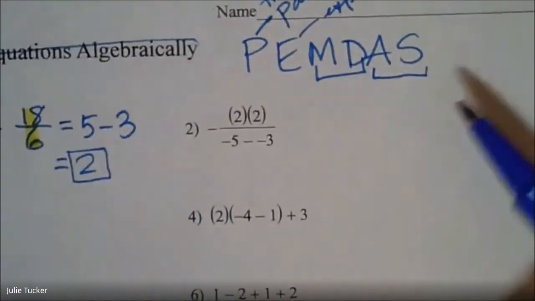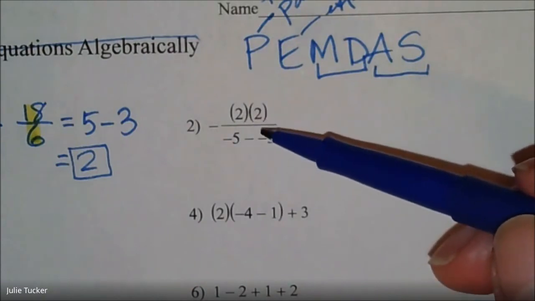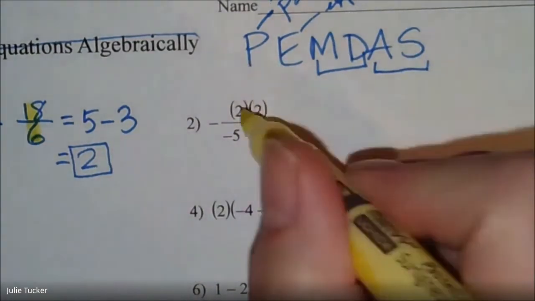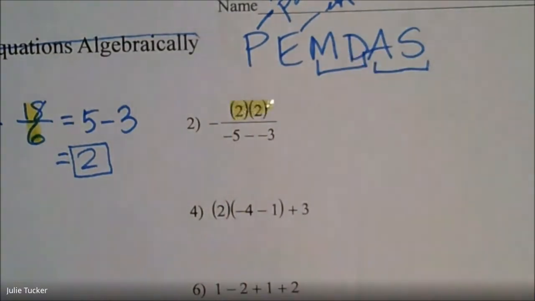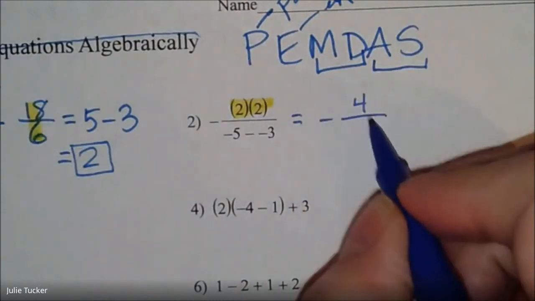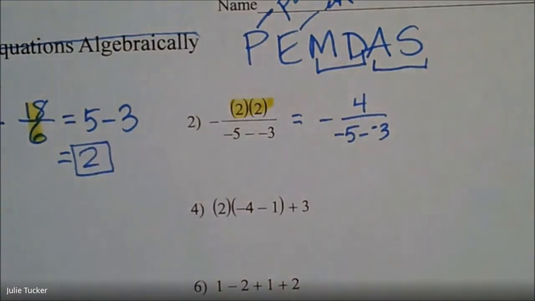So this one has a fraction bar that is chunking out the problem, right? So we could work the top of the fraction first, couldn't we? So the next thing we can do is the denominator.